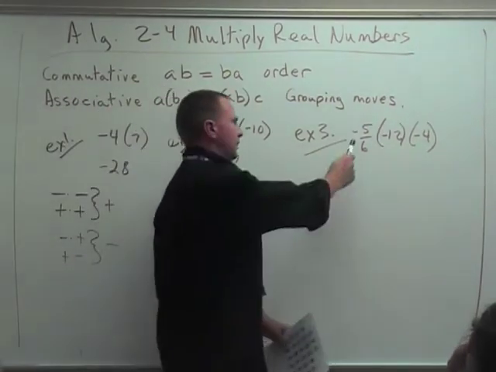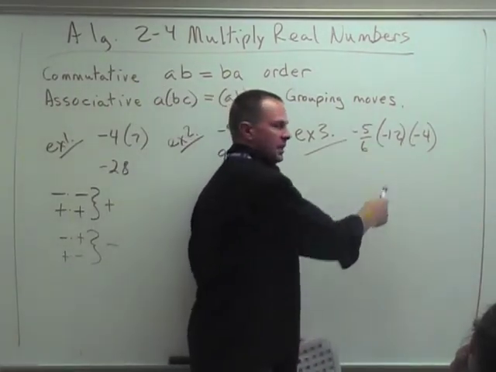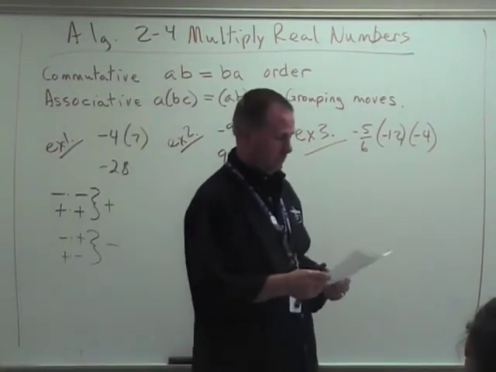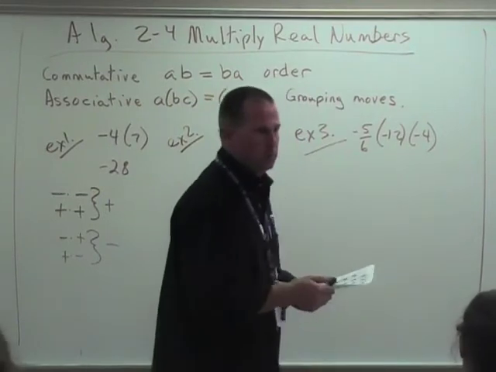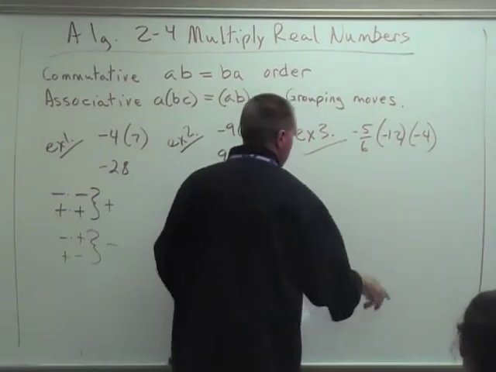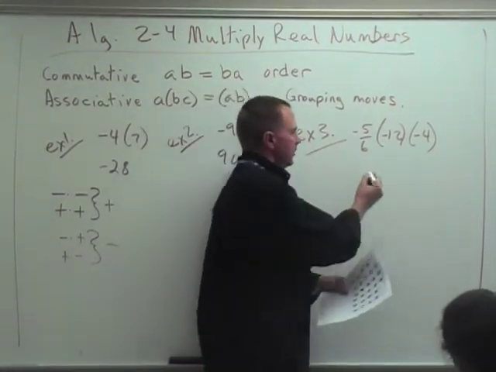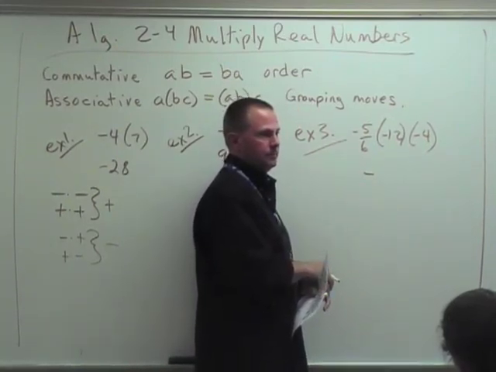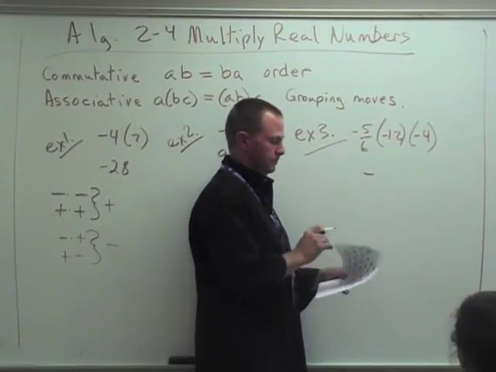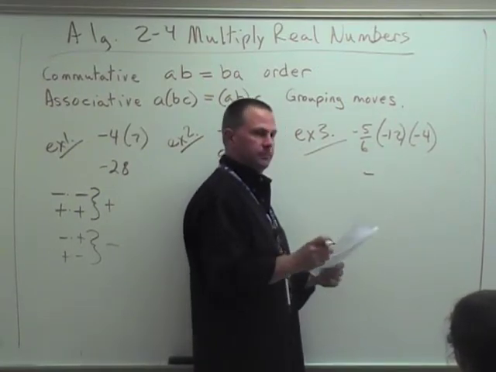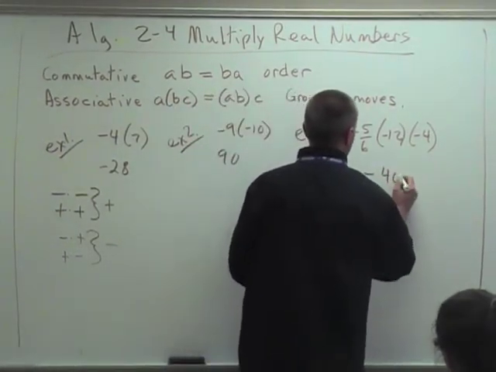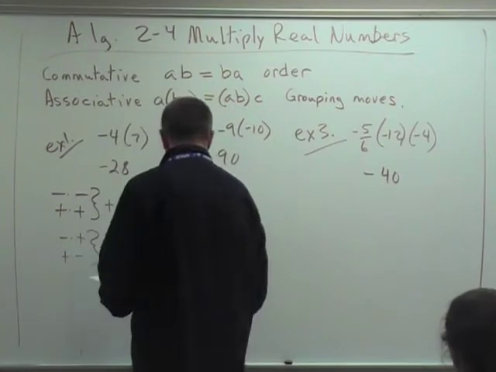That's right. Negative times a negative is a positive, then times a negative gives you a negative again. Now figure it out. My answer is negative, according to Nate. No, -40. Good.